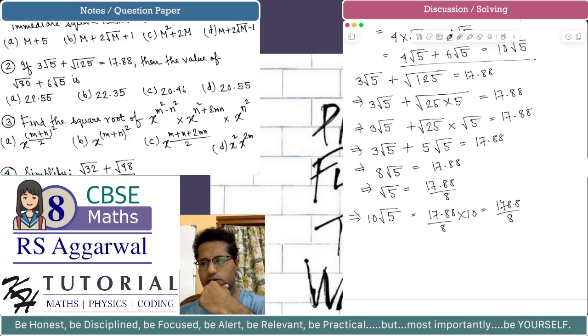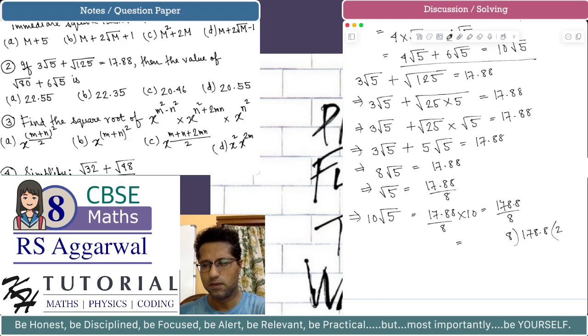So we have to see now, so this is into 10, so this is 178.8 divided by 8.